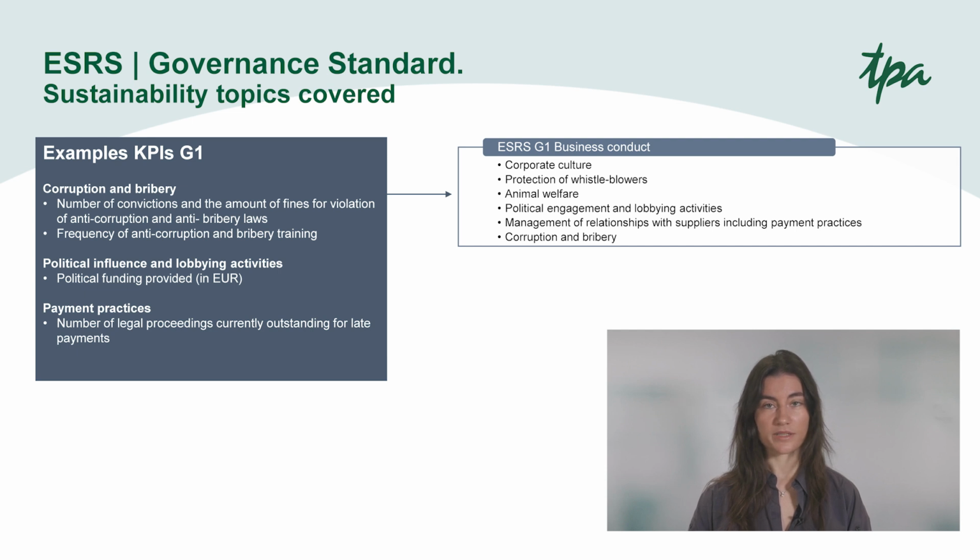For payment practices, the number of legal proceedings currently outstanding for late payments has to be indicated. In addition, the CSDDD and the minimum safeguards of the EU taxonomy regulation should be mentioned in the context of regulatory governance topics. At this point, I will hand over to my colleague Katarzyna to take a closer look at refinancing and market positioning.